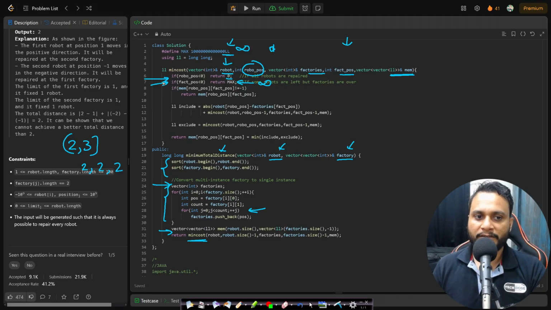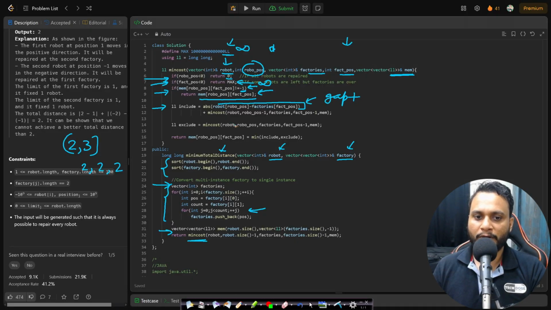Now, after having checked the base cases, we check if we have already seen this subproblem. If yes, then the value at that position will not be a negative value, and we return whatever value was calculated initially. Otherwise, if this subproblem is seen for the first time, then we try to assign the current robot to the given factory, and then I add the distance value, the gap.